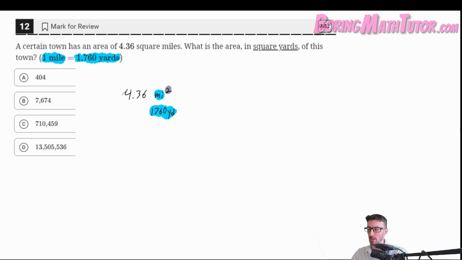So that means that I need to square this whole thing. Now, of course, I would still have my 4.36 times all that. And really, at this point, I'm already going to be in terms of square yards. I now just have to figure out what 1760 squared is and multiply that by 4.36.